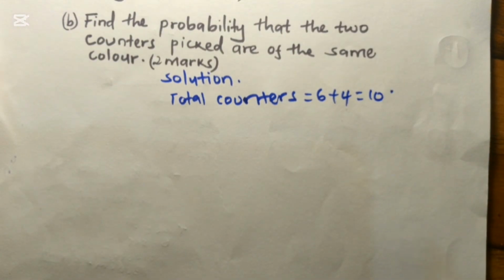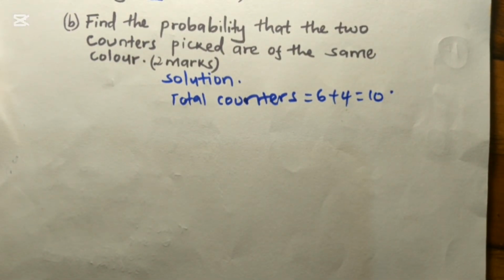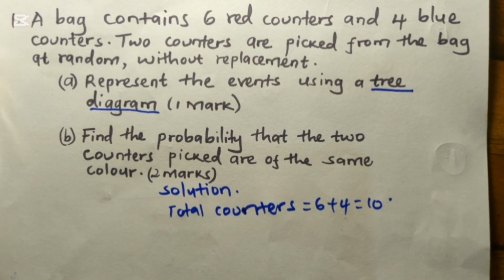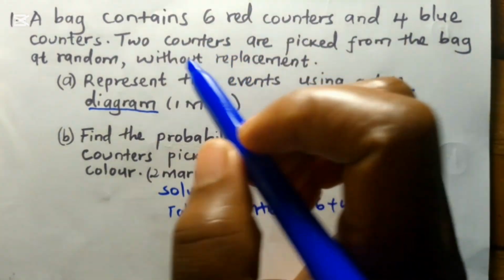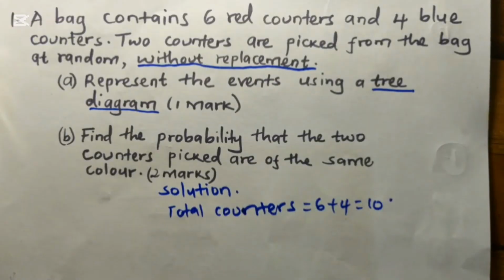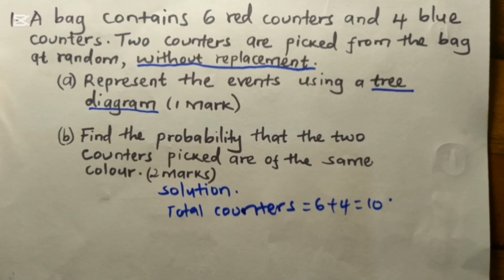And then now we are picking them, and again in this case we are told at random without replacement. Mark the word without replacement. Without replacement means that once a counter has been picked, the number of the total counters in the bag reduces by 1 and it is not replaced.